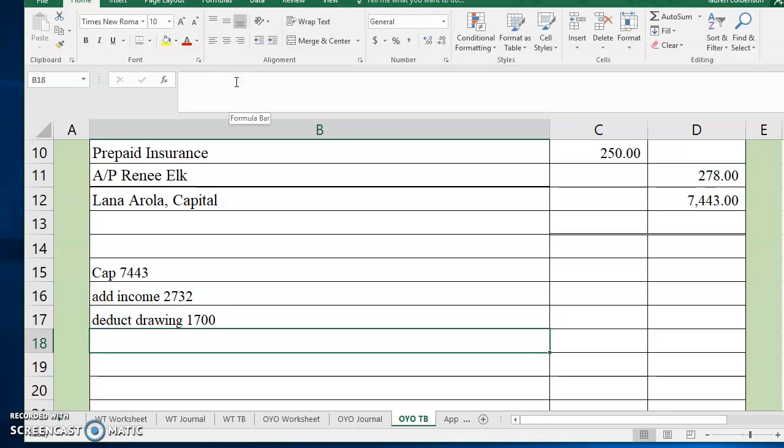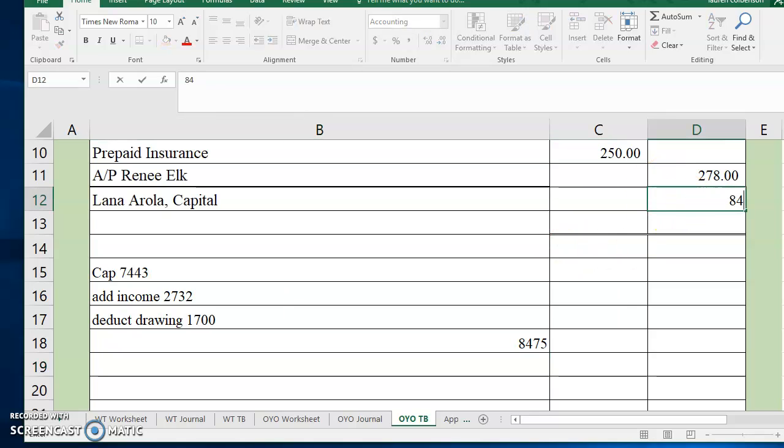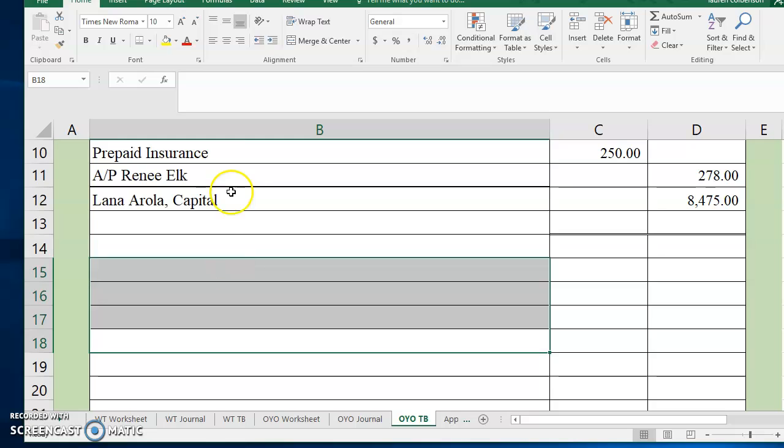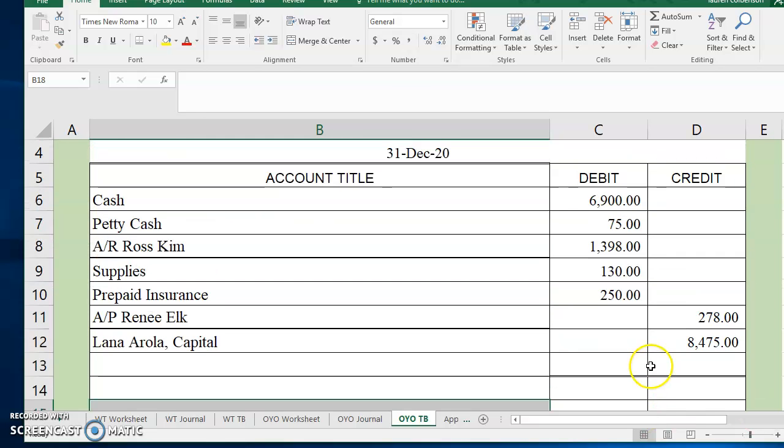So our actual math, we can do a calculation here, would be 7,443 plus the 2,732, subtracting the 1,700. So her new capital amount would actually be $8,475. I'm going to delete all of that so we don't have to look at it in the post-closing trial balance.